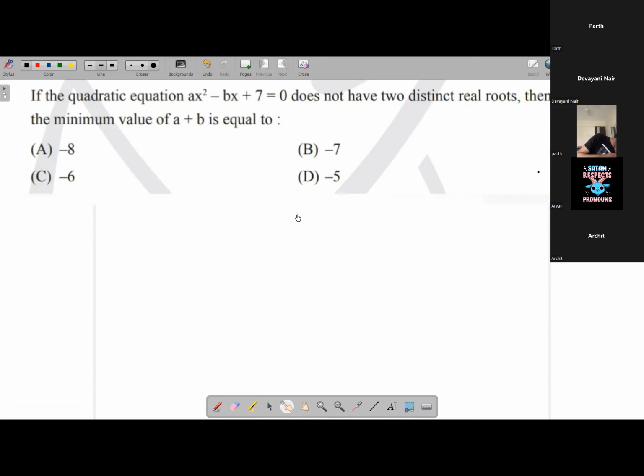And just to think out of the box, I gave you this question. Because you cannot apply the concept of quadratic equation here. You have to think out of the box.